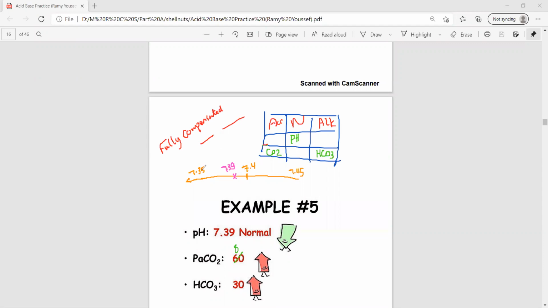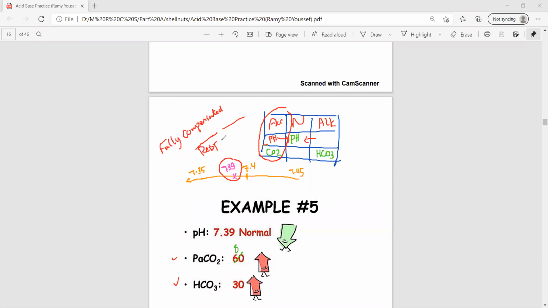We still have two things. So it's fully compensated respiratory acidosis, I think. Fully compensated respiratory acidosis. Okay, the problem is mainly acidotic. Which parameter here is going for the acidosis? The pH is coming from the acidic side. So the problem is mainly respiratory acidosis.